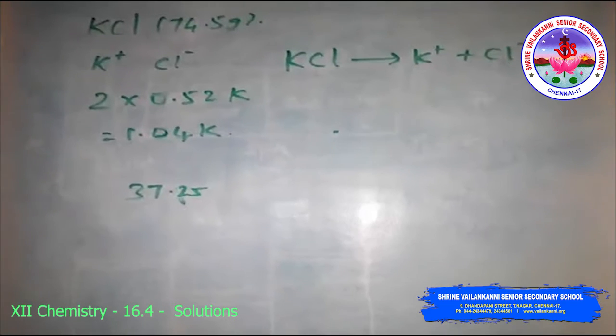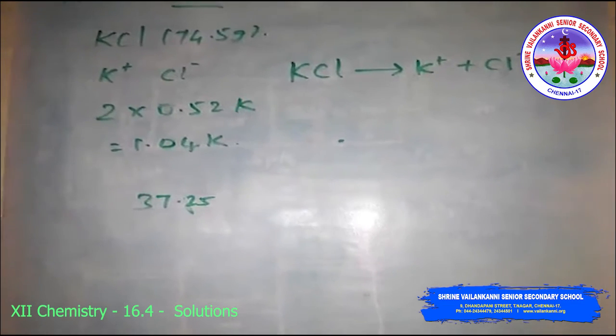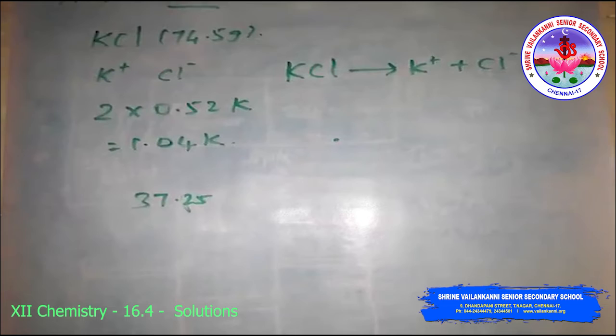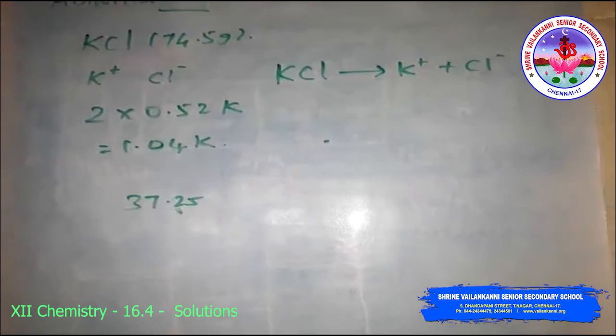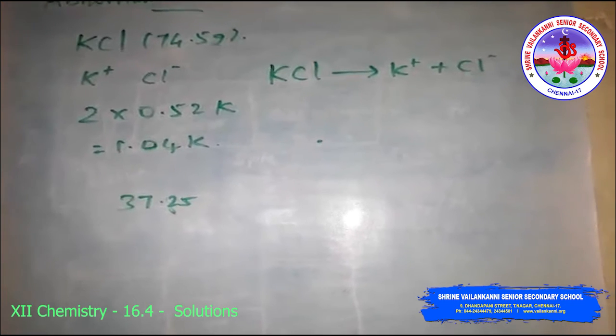This brings to light the rule that when a solute dissociates into ions, the experimentally determined molar mass is always lower than the true value.